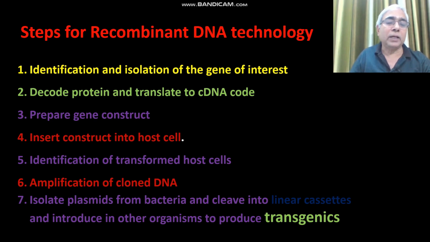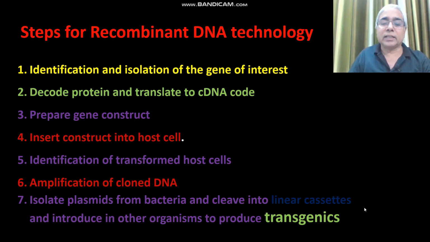Now when you have multiplied those DNA sequences, then again you have to isolate the plasmids from bacteria and cleave it into linear cassettes. Means after isolation from the bacteria in which you have amplified the gene sequences, you have to separate the vector DNA and your gene of interest, producing a large number of those genes, and they are termed as linear cassettes.